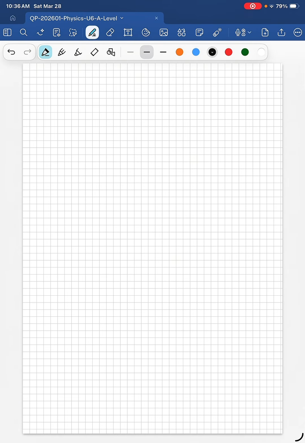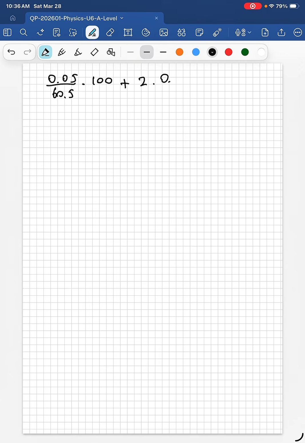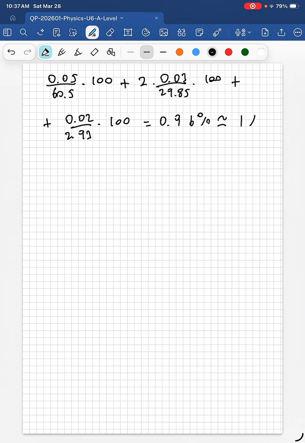Okay, so the percentage uncertainty in mass is 0.05 over 60.5 times 100, and then plus 2 times the percentage uncertainty in D. So the absolute uncertainty in D is 0.03, right? So we multiply with 0.03, we divide by the value itself, which is 29.85, times 100, and then plus 0.02 is the absolute uncertainty in the height, over 2.93, which is the height, times 100. The final result is 0.96%, which is about 1%. Okay.